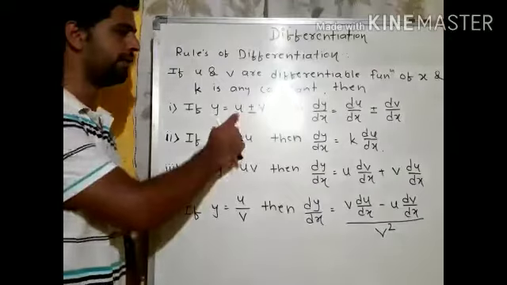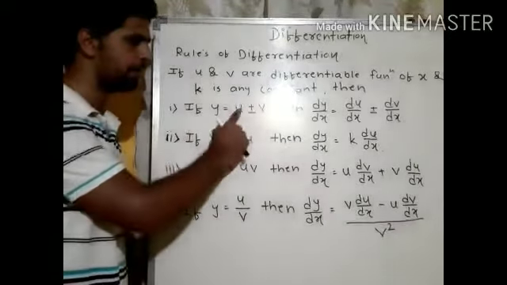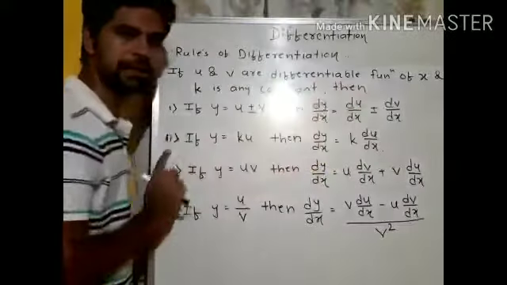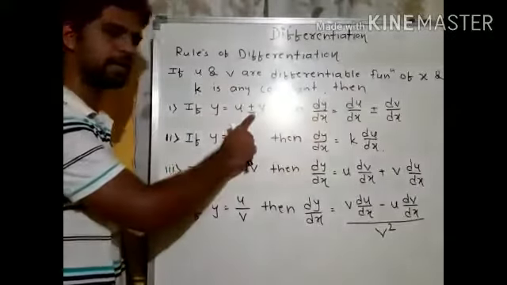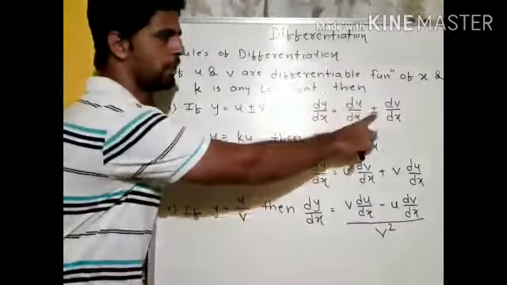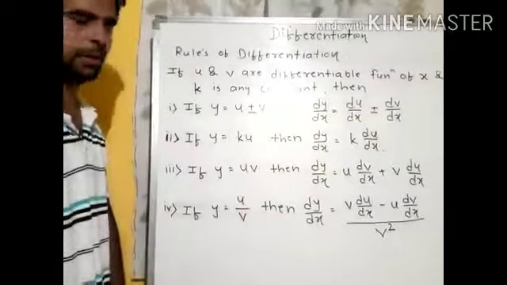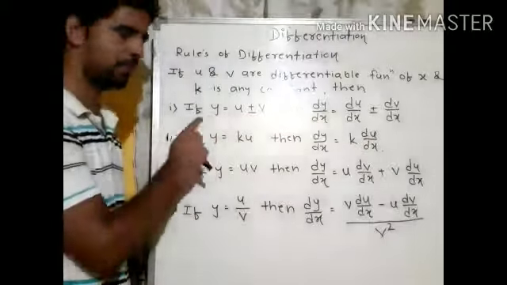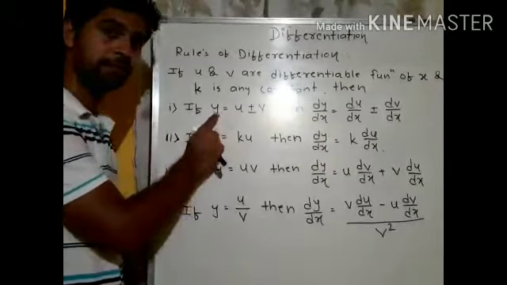Okay, so if there is plus sign between u and v, then in its derivative we will put plus sign. If there is negative sign between u and v, then in its derivative we will put negative sign.